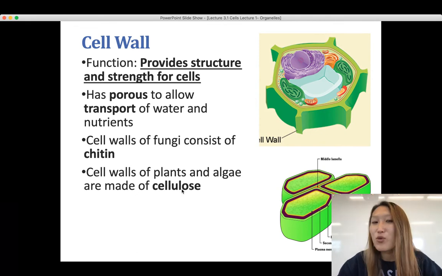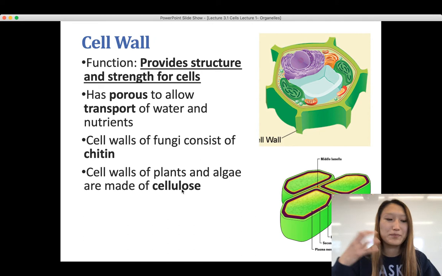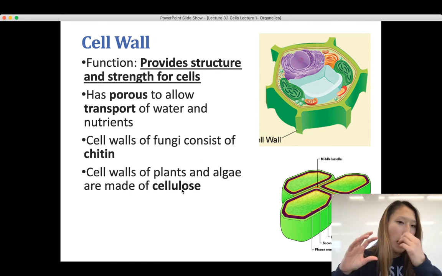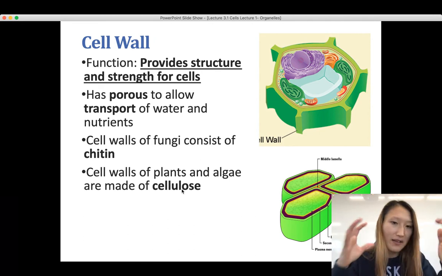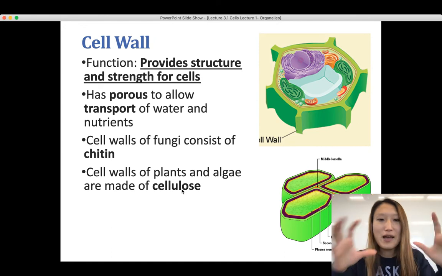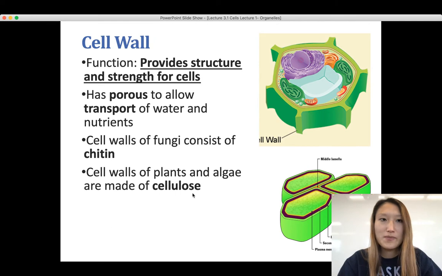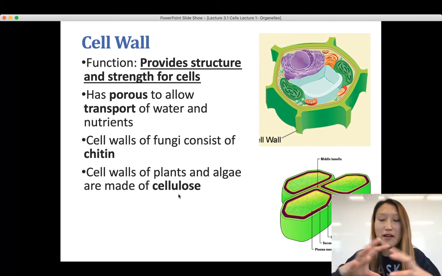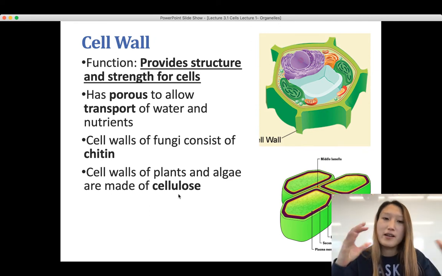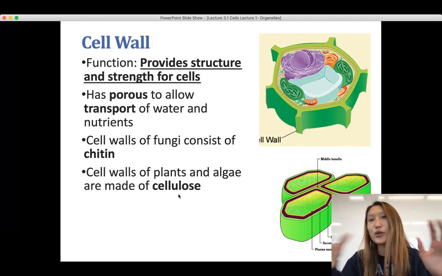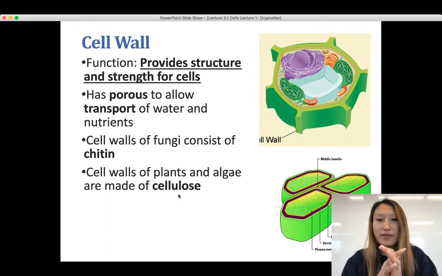The reason why this works so well for them is because they have enzymes and bacteria living inside their stomach that can break down the cellulose in the cell wall. Cellulose is a carbohydrate macromolecule. So these herbivores have the ability to break down the cellulose so that they can get energy out of it, right?